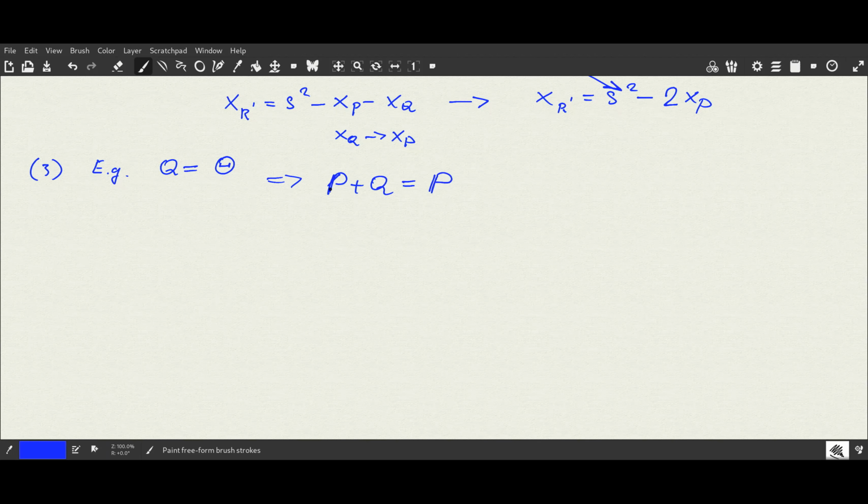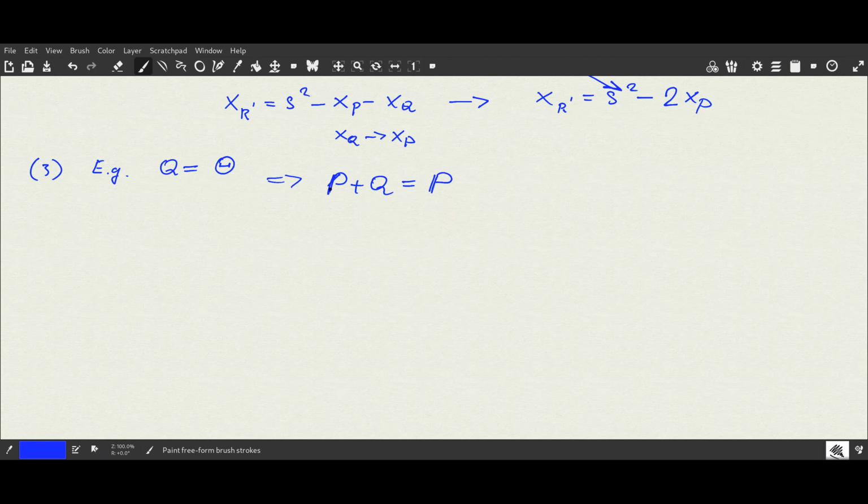Okay, so this is a very oddly, but nevertheless defined addition of points over our curve. Really strange, really odd, but that's how we define it.